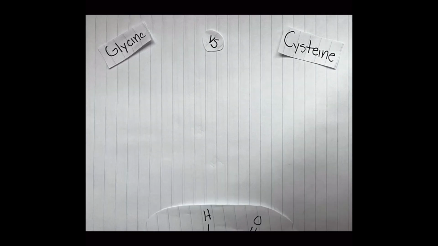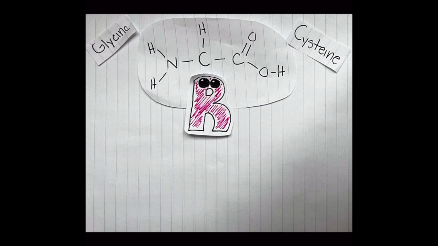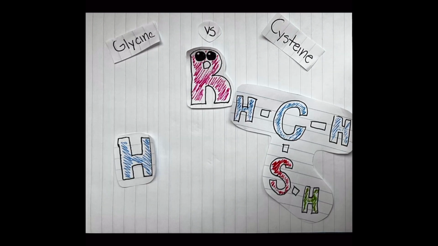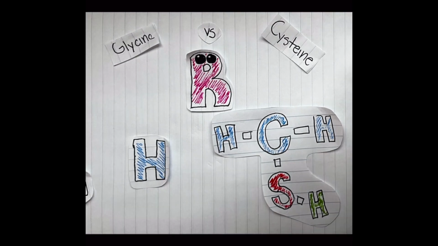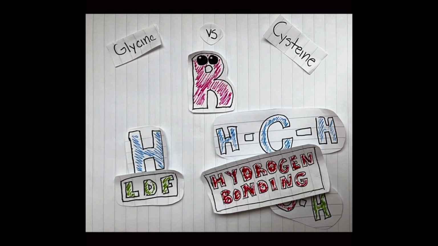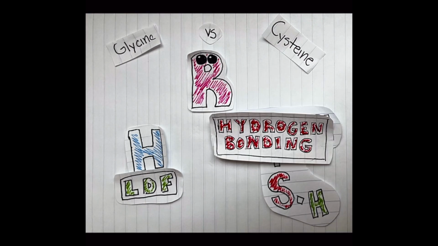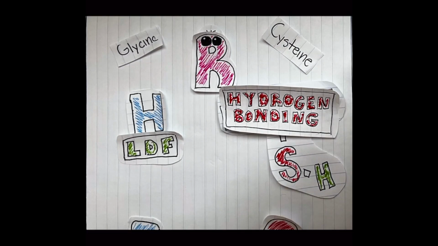To recap, both glycine and cysteine are amino acids with the same basic structure. However, they have different R groups. The 2 different R groups have different properties. Glycine's R group is an H and can only form weak LDF bonds with other nonpolar molecules. In contrast, cysteine's R group, CH2 with a sulfur and hydrogen, can form hydrogen bonds with other polar, partially charged molecules.